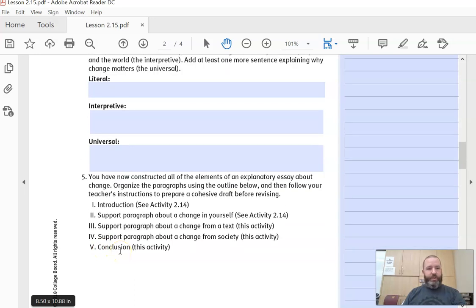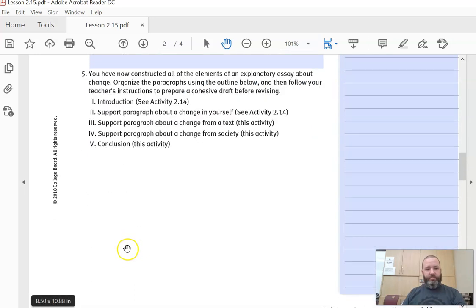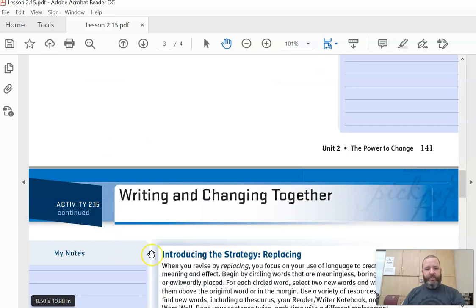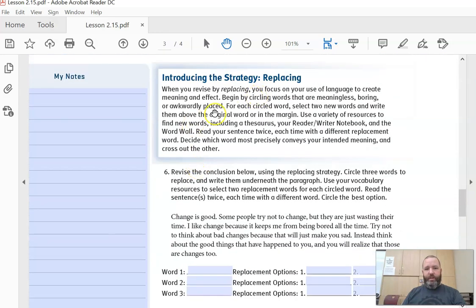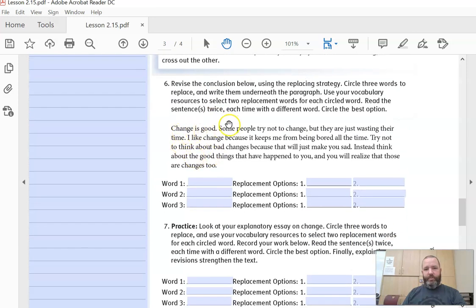Okay, so in these 2 lessons, 2.14 and 2.15, we should have constructed an entire 5-paragraph essay on the topic of change. So we did that a little bit, a piece at a time, seems to make it a little bit easier. The next part, there's just some strategies on replacing words. So you're going to look at this paragraph. It says, revise the conclusion below using the replacing strategy. Circle, in this case highlight, 3 words to replace. So I would highlight this one, good.